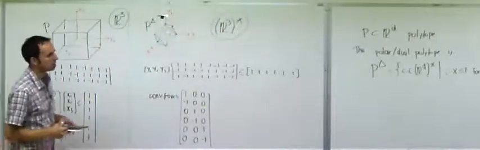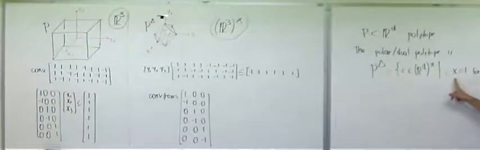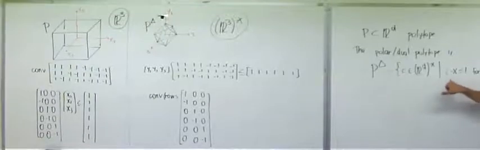The reason being that when you do this c dot x, then you can think that x is a column vector and c is a row vector, and then you can just multiply them, and the dot product is just the product of matrices.